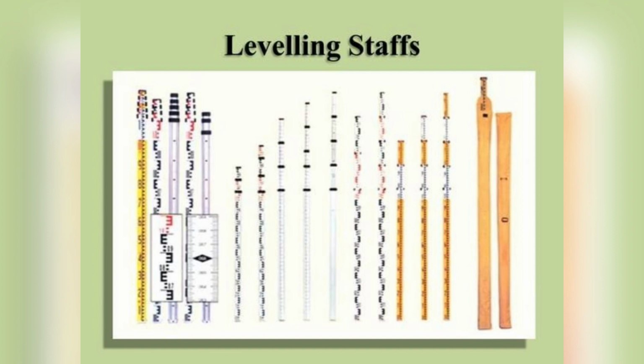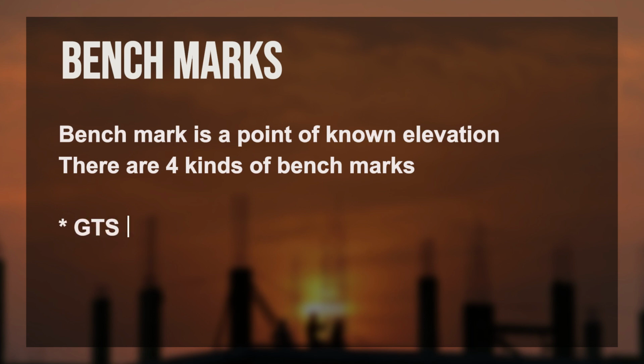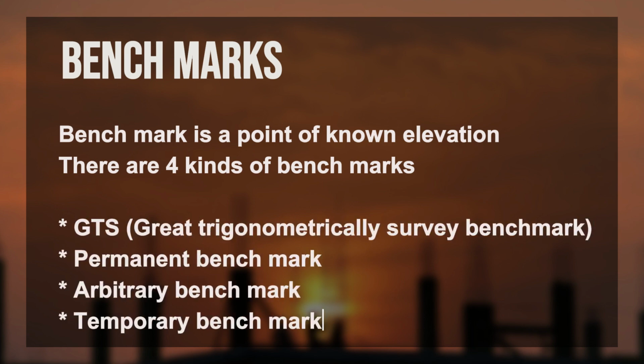Benchmarks, as I narrated earlier, are points of known elevation. There are four kinds of benchmarks. Number one is the GTS benchmark, also called the Great Trigonometrical Survey benchmark. The second is the permanent benchmark, which is a benchmark of permanent nature, marking a level of permanent nature.